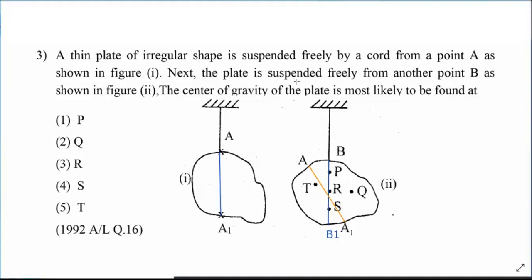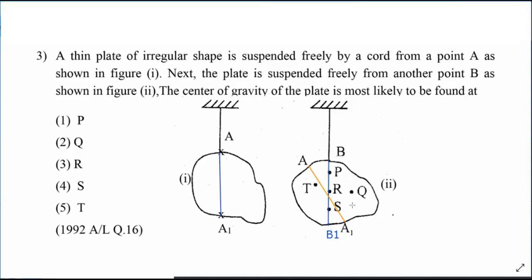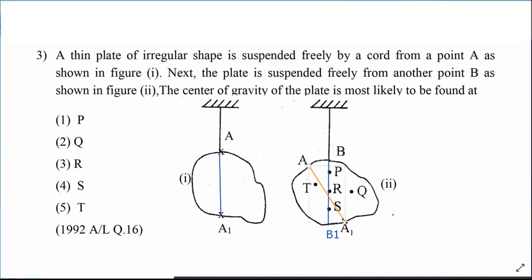So it depends on the points that they have marked, but unfortunately they have not marked the A and A1 points correctly on the second figure. Wait, I'll check. Unfortunately, I do not have the past paper with me now.